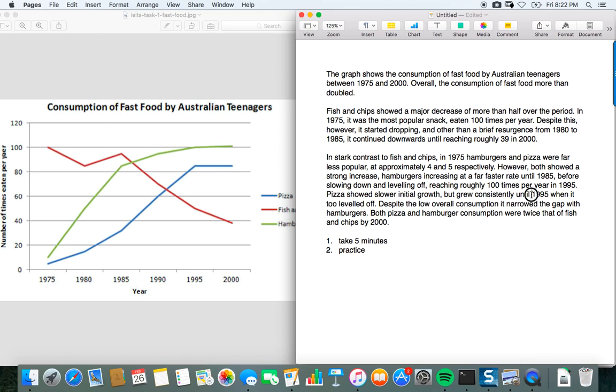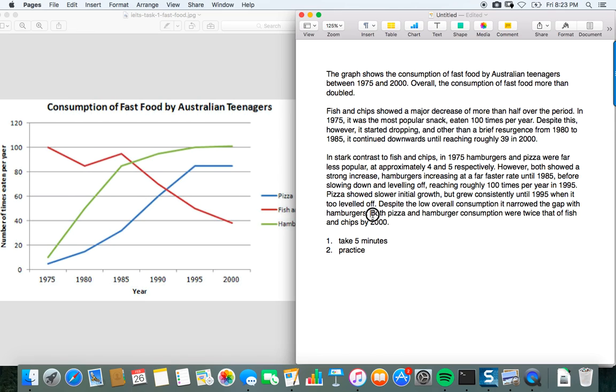Until 1995, when it too, again, cohesive, leveled off, stopped moving. All right, so that's important. They both stop increasing, or at least substantially, and they both level off. Then you make another comparison. Despite the low overall consumption, it narrowed the gap with hamburgers. So again, a little extra description here because you can see hamburgers has this higher popularity, but in the end, they're both quite close.